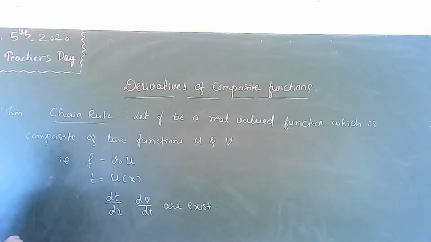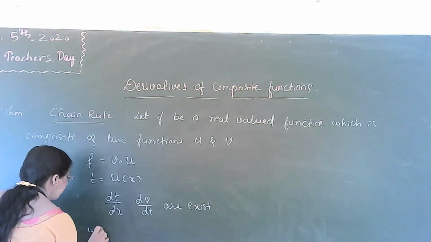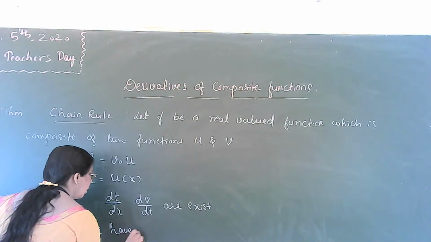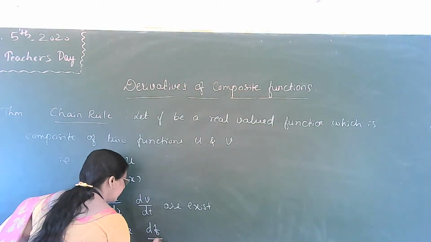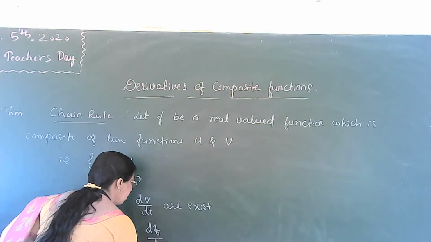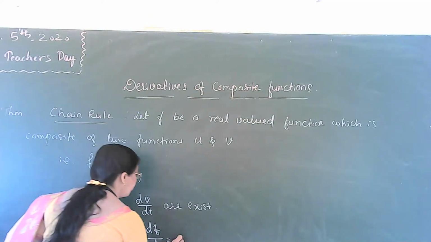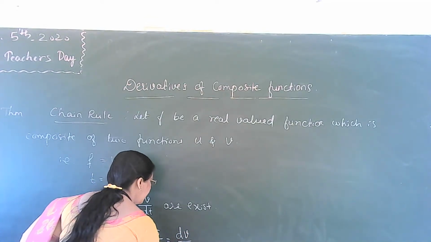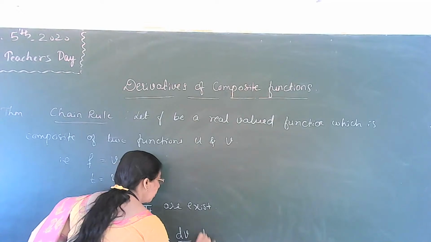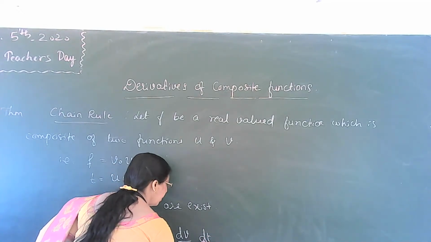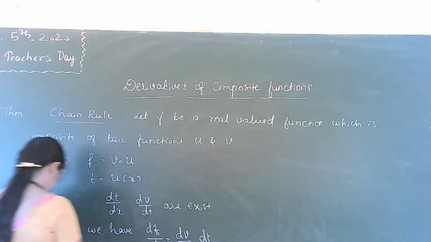Here dt by dx and dv by dt exist. Then only we can find the derivative of f. We have df by dx, which is equal to dv by dt into dt by dx.